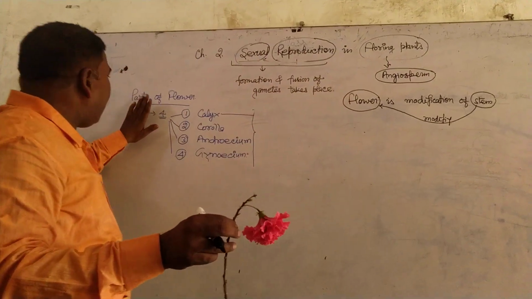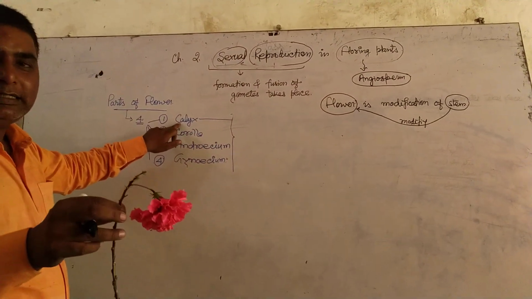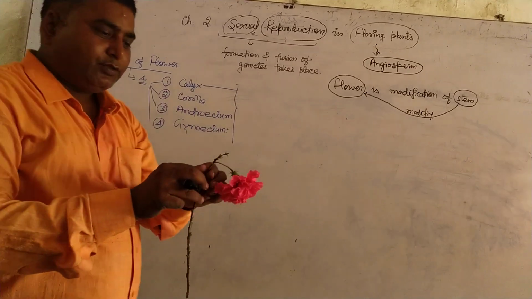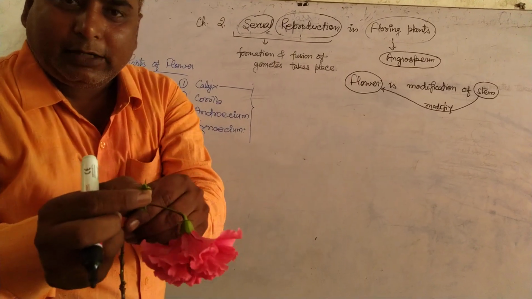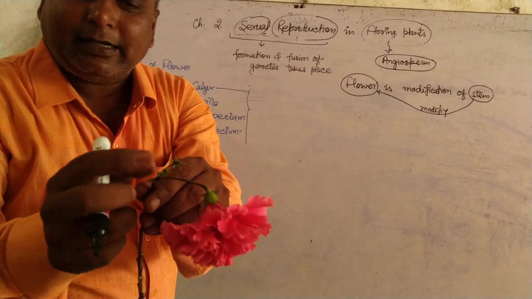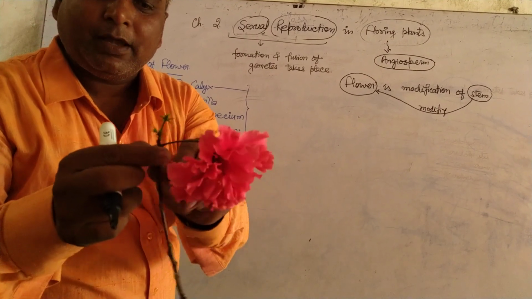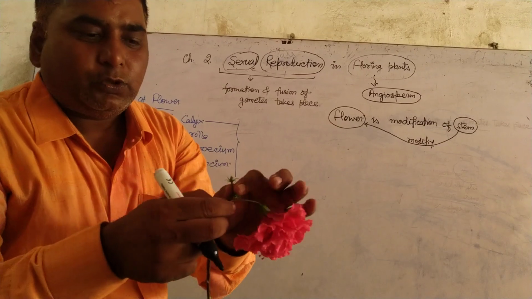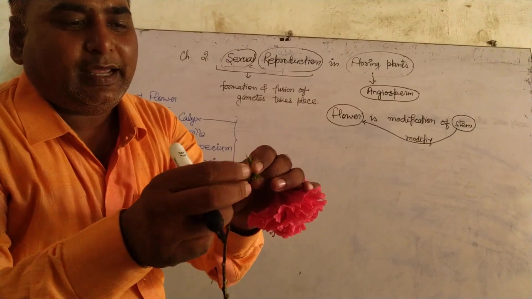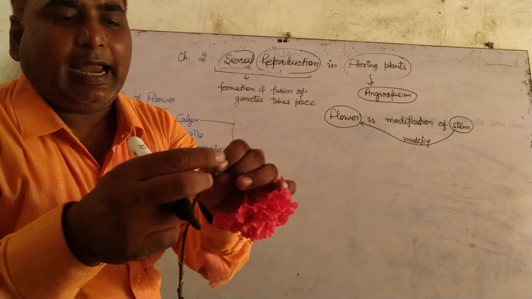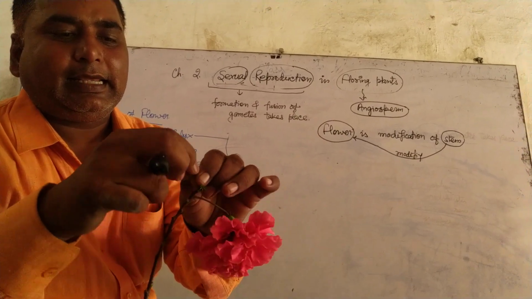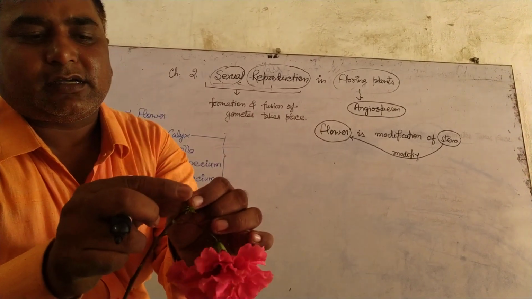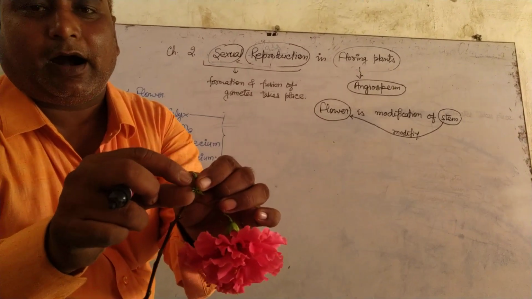So the parts of flower, the first part is calyx. Here you see, this is the bud, this is the bud, but this is the flower. This bud, you see very carefully, is covered by green parts.